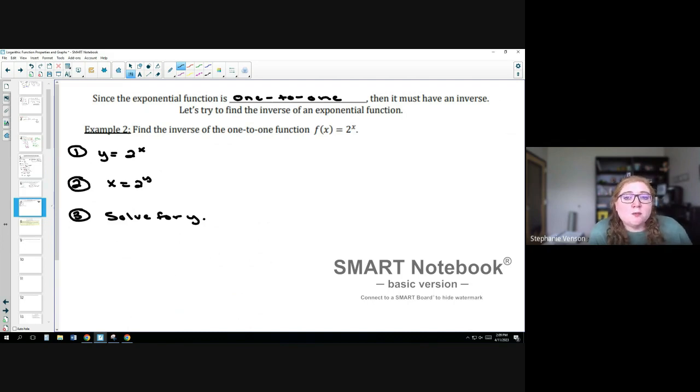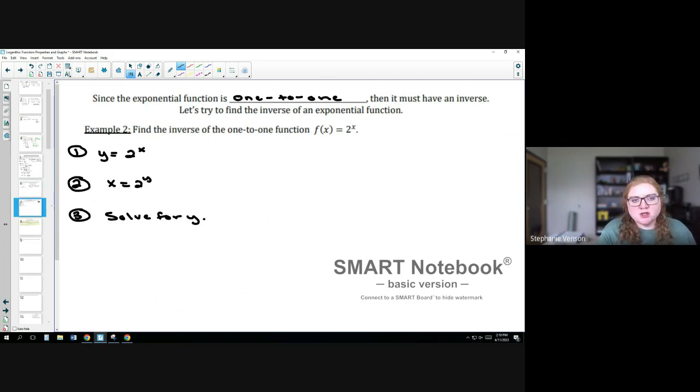If you want to know the point of logarithms, why someone created logarithms: logarithms were created as a way to rewrite exponential functions so that we can take their inverses. Before logarithms, we had no way to take the inverse of an exponential function, even though we knew that it existed.